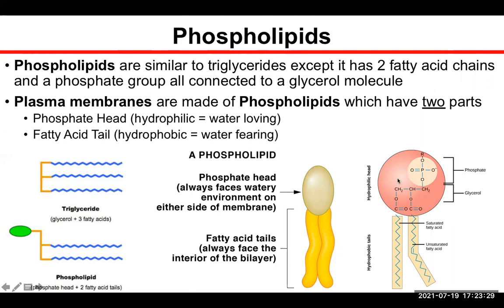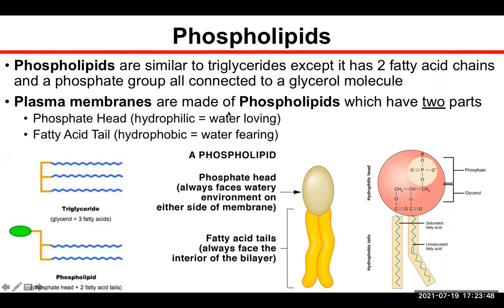And when I talked about it in the first lecture, they have a unique property, because most lipids are considered hydrophobic, but with these particular lipids, the tail is hydrophobic, but the head is hydrophilic.